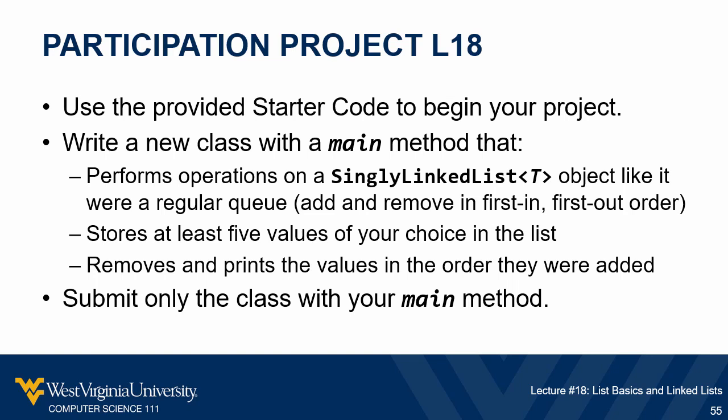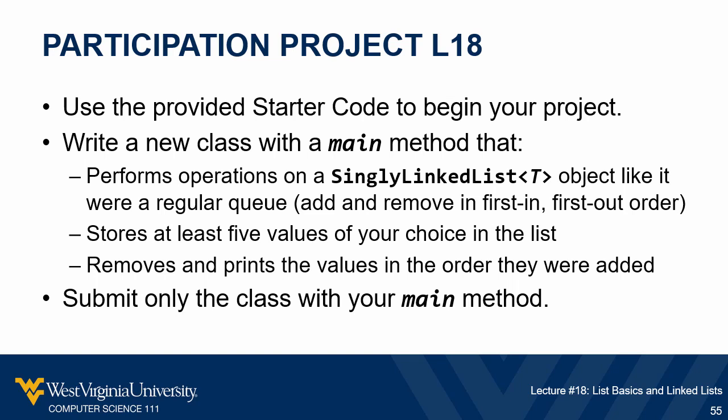I want you to create a new class with a main method in it, and I want you to make an instance of a singly linked list, and when you're working with it, I want you to treat it like it were a regular queue. So you should add and remove items in first in, first out order. So you'll want to think about how you want to call the add and remove methods to get that sort of behavior.